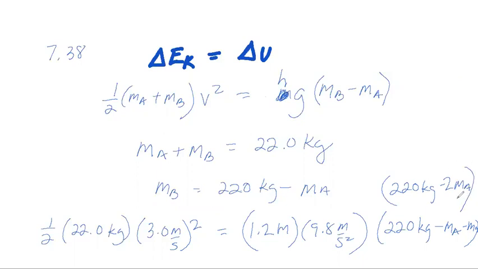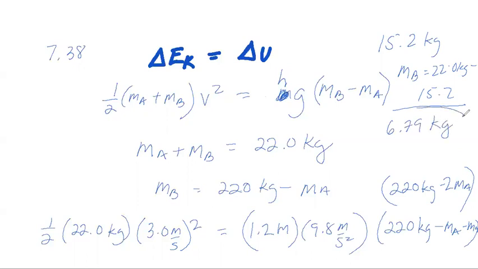And then solving for MA gives us 15.2 kg. And then MB equals 22.0 kg minus 15.2, and that's going to be equal to 6.79 kg. That is the mass of B, MB. All right.